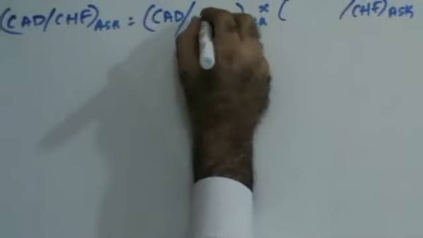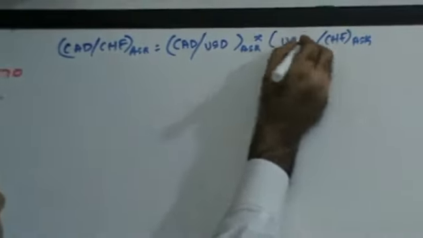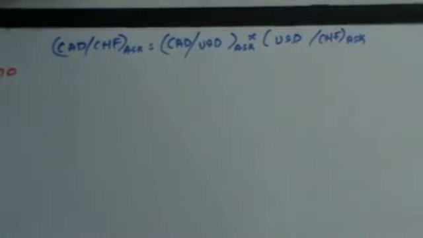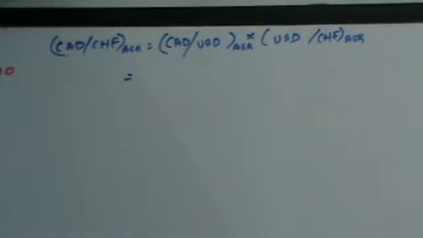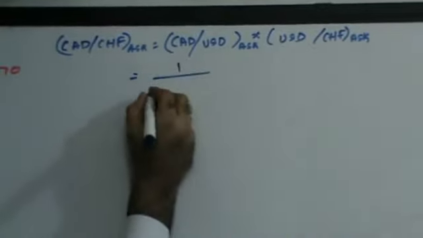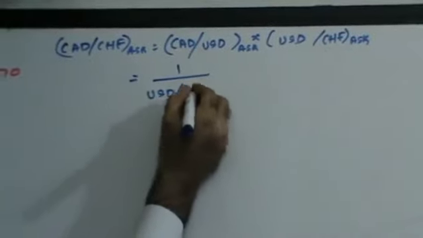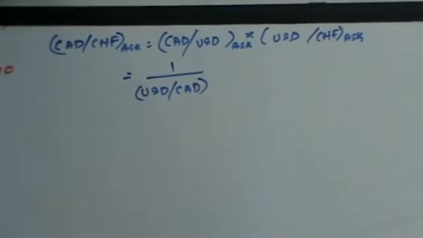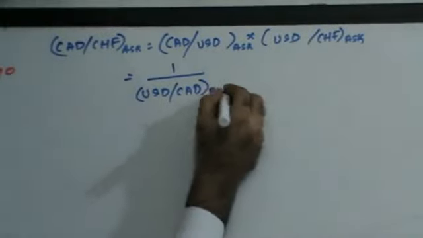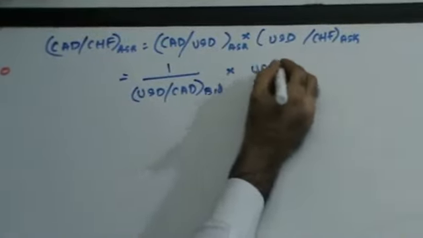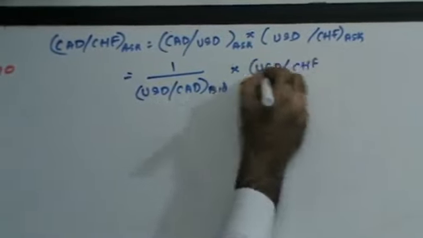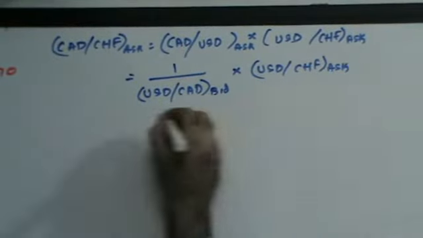Your vehicular currency is US dollars. Now Canadian dollar US dollar quote is not given to you. So convert the direct quote to indirect. How do I do this? By reciprocating. So this will be US dollar Canadian dollar. When I convert a direct quote to indirect quote, ask changes to bid.